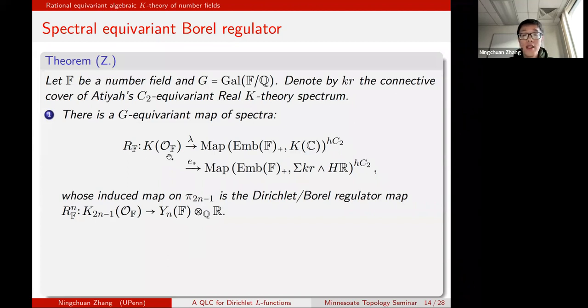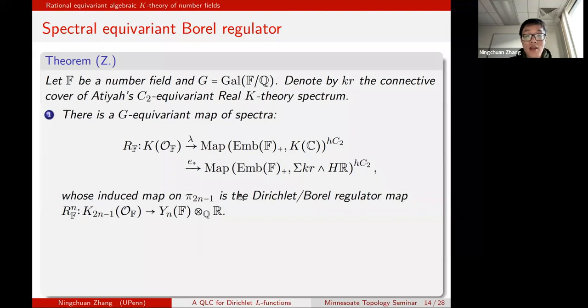So you consider all embeddings of O_F into C, apply the algebraic K-theory functor, and assemble all the embeddings together; that's what lambda does. You have to check, of course, that it factors through the C_2 fixed points. The second step is we apply a universal regulator, from algebraic K-theory of C as a discrete ring to suspension KR, the Eilenberg-MacLane spectrum of R. You can see that's why I didn't use blackboard-bold R here, because it would be very confusing.